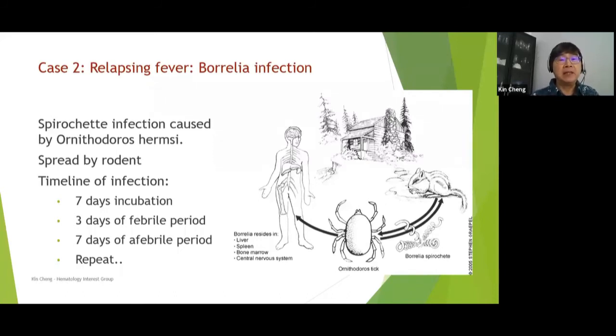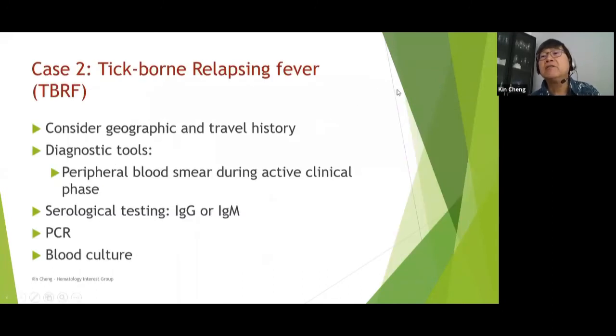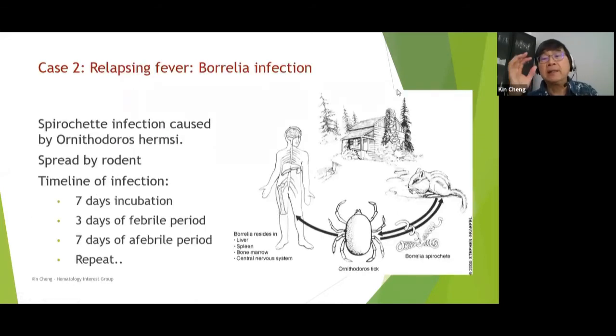For this particular bacteria, it causes a relapsing fever, and the cycle of infection is through rodents, in other words, through squirrels, through mice.